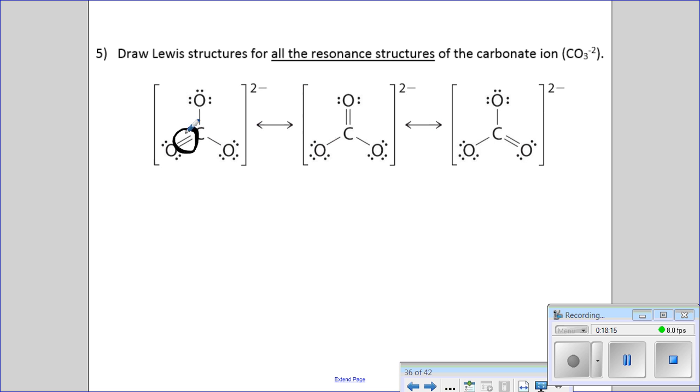So because that's a hybrid bond and the electrons are not locked or fixed into that position, you can represent the bond in the first position, the second position, or the third position. Okay, so there are your 3 resonance structures for carbonate. As many different places where the double bond can be shown, or where the hybrid bond can be shown, that's the number of resonance structures that you'll have for your molecule, or in this case for your polyatomic ion.